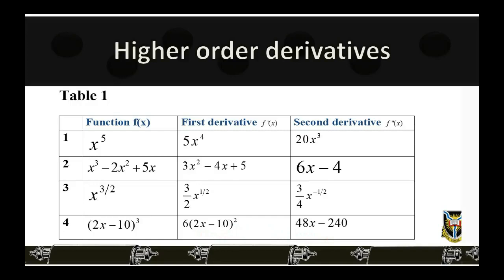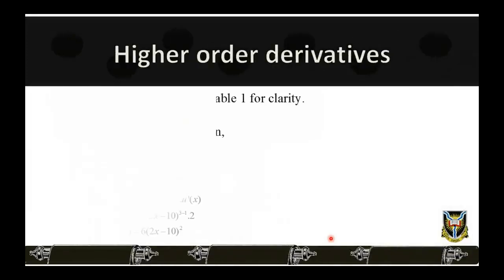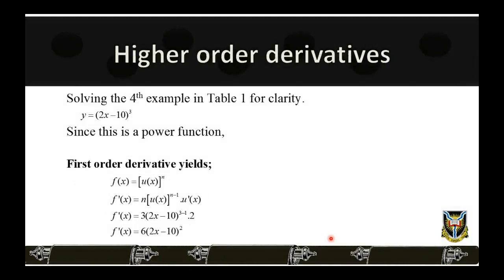Remember, this is the power function. F of x equals u of x in bracket to power n. F prime of x equals n of u of x in bracket to power n minus 1 times u prime of x.